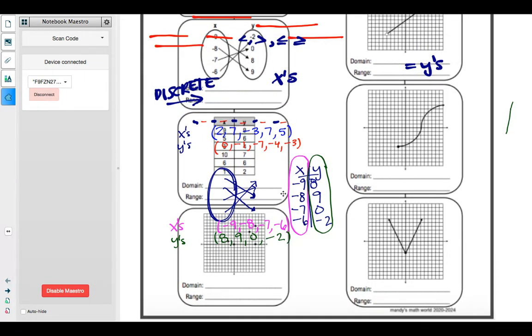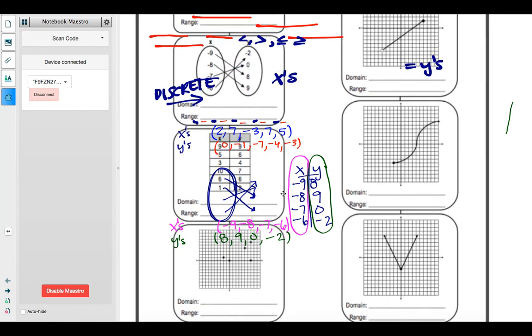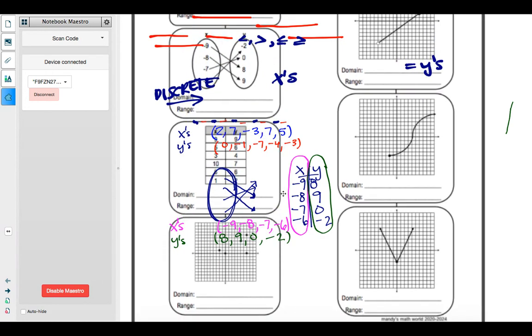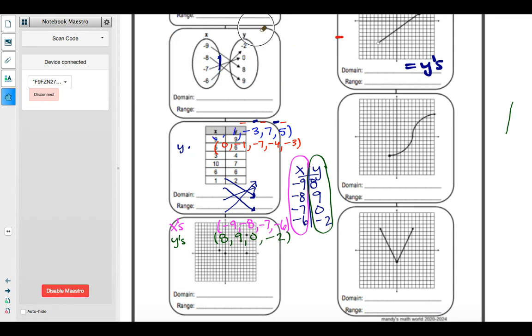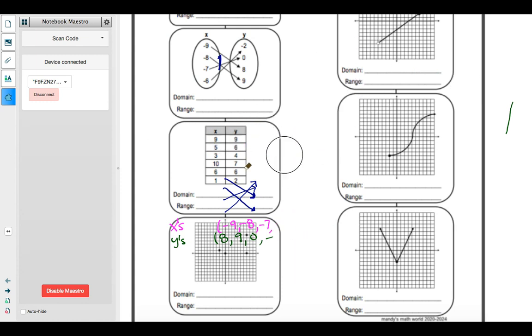And then let's just do this. So hopefully you copied that down. It won't let me move the entire thing without it looking all crazy. So let's go from there.